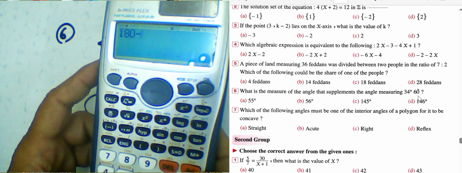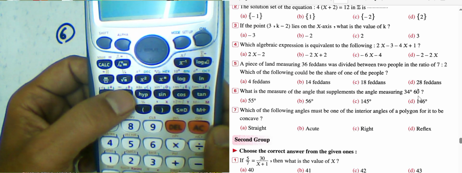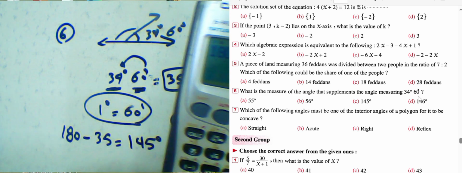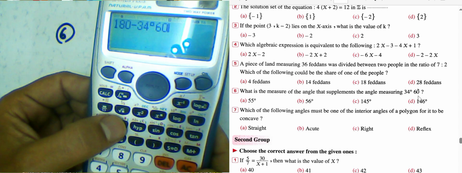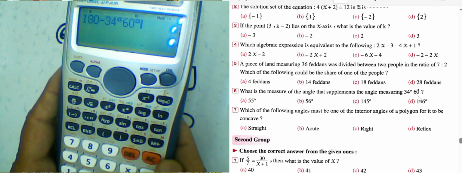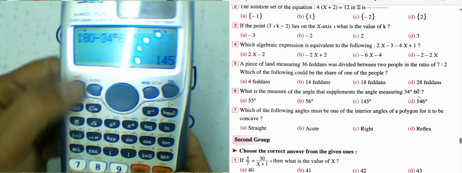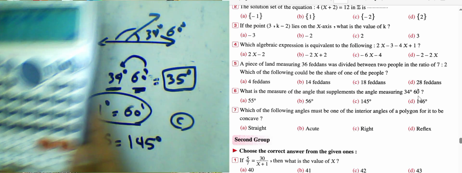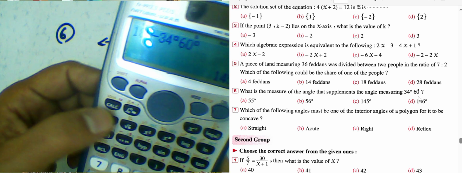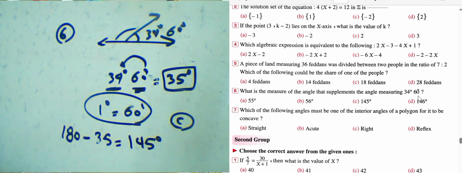We write 34 here, 34 degrees, this is the button, and then 60 minutes, this button, and then equal. So the result in one step is 145. Write 34 first, this button, and complete 60 with this button. Okay, and the result will be 145.